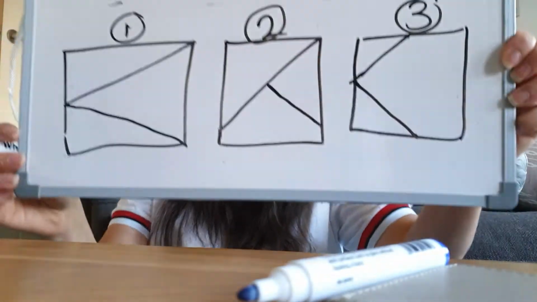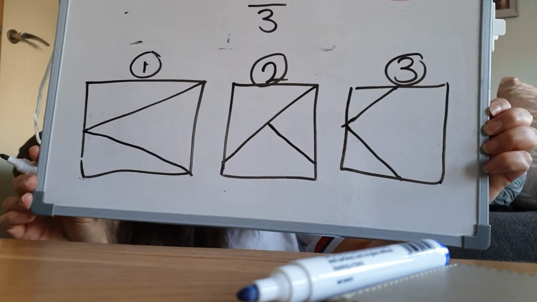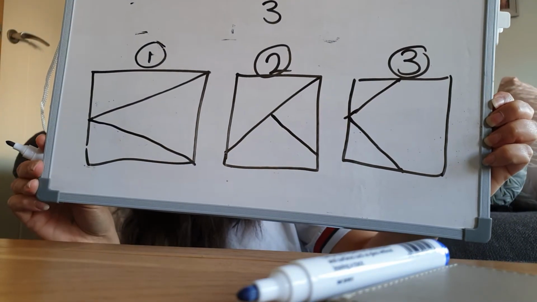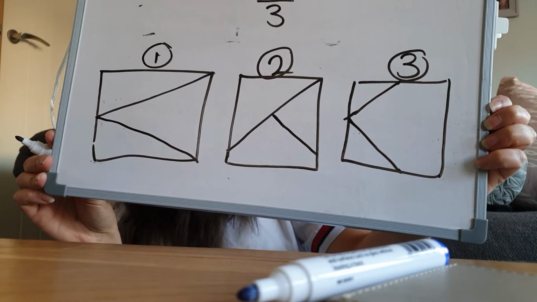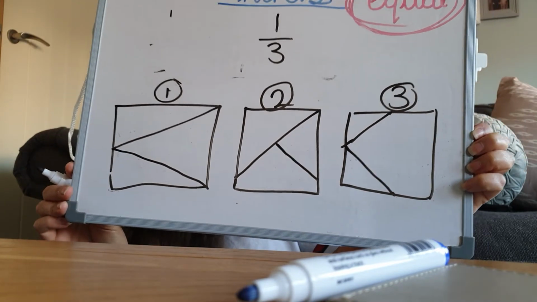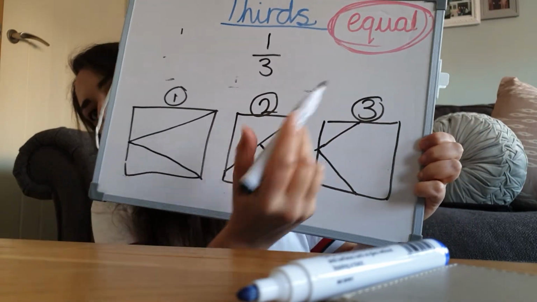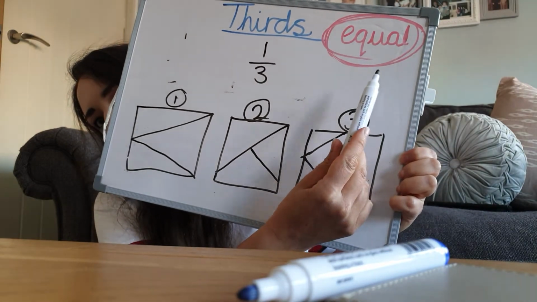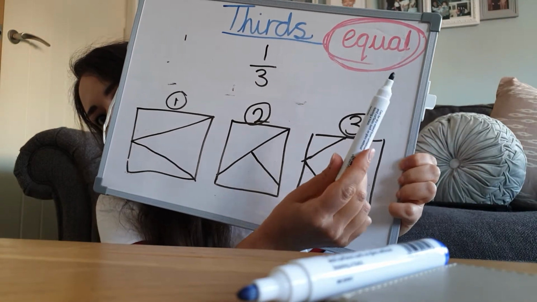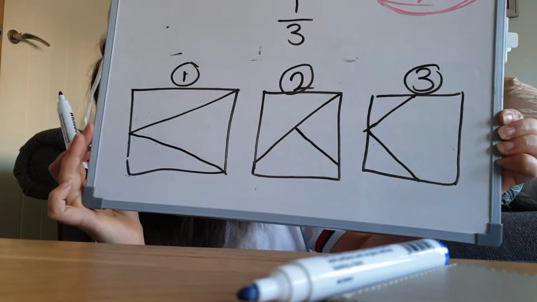Okay, so you are going to tell me which one is split into thirds. Is it number 1, 2 or 3? Remember, when we're working with fractions, this is the word you need to remember. All of the parts have to be equal.